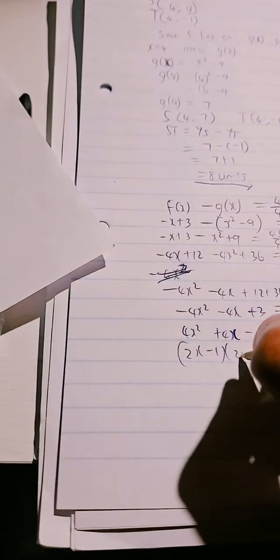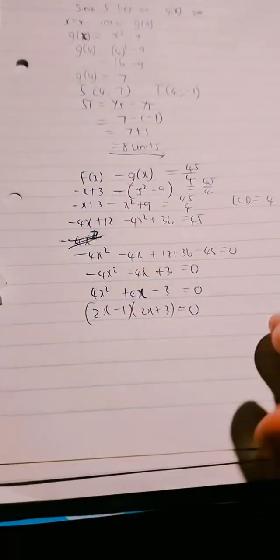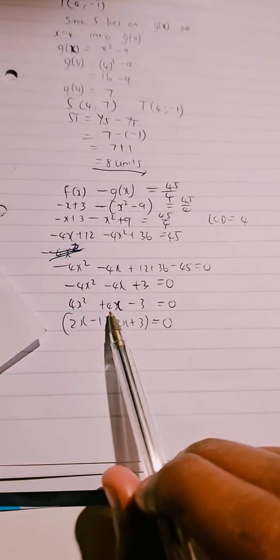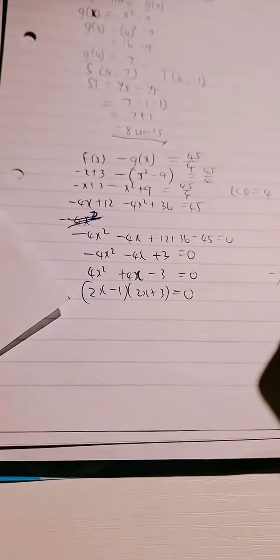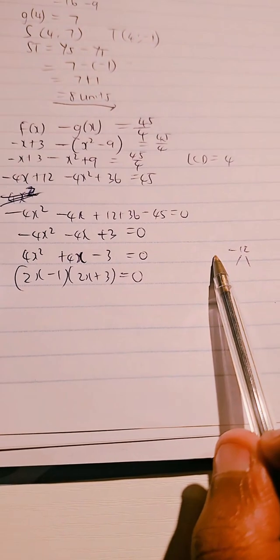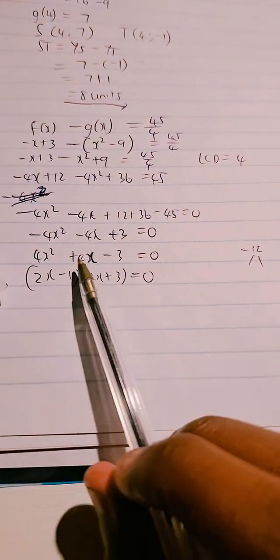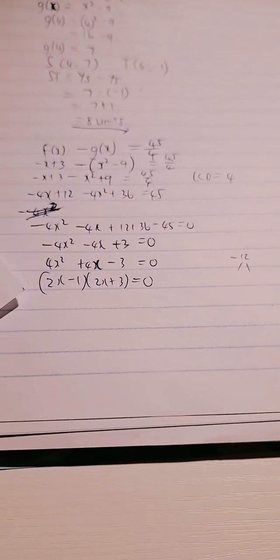Now, I am doing trial and error to get the factorization at this point. But please, guys, remember there is the AC method. 4 times negative 3, you get negative 12. Then you try and choose or find the factors which, when you add, you get positive 4.